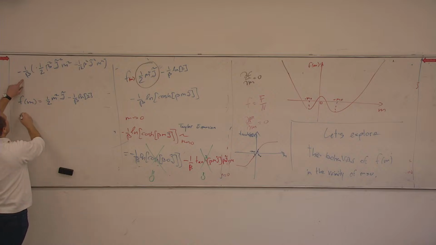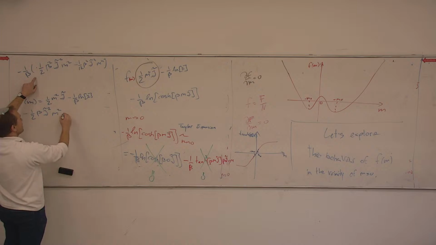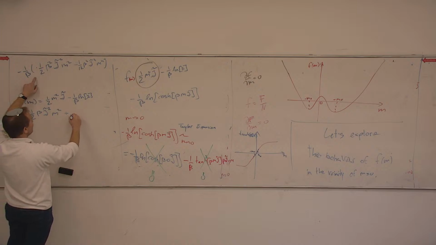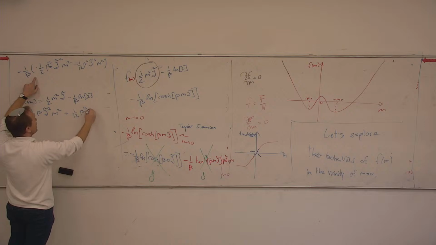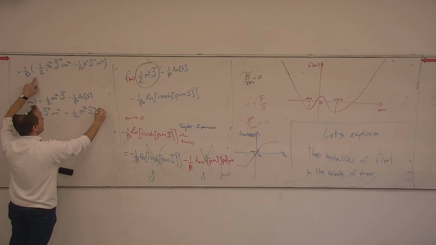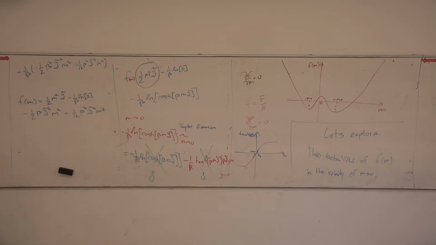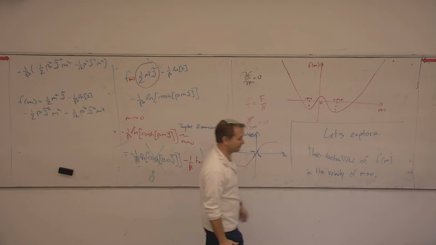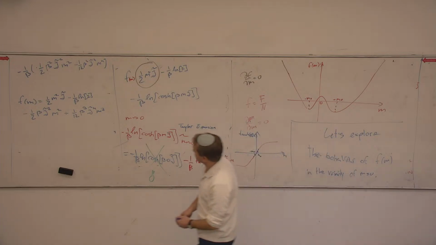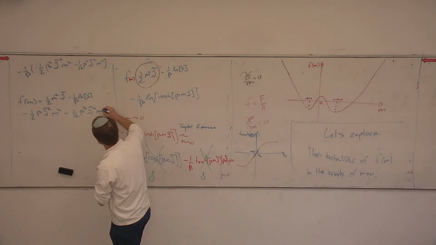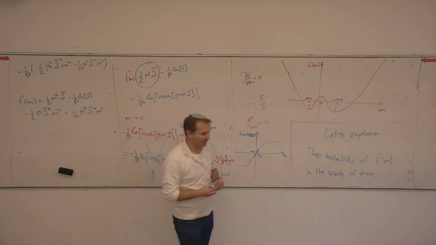We have minus 1/2 beta j tilde squared m squared, and we have plus 1/12 beta to the 3rd j tilde to the 4th m to the 4th. This is our f of m. Because I already did a calculation in my head. It's to the 4th. You're right. Thanks.